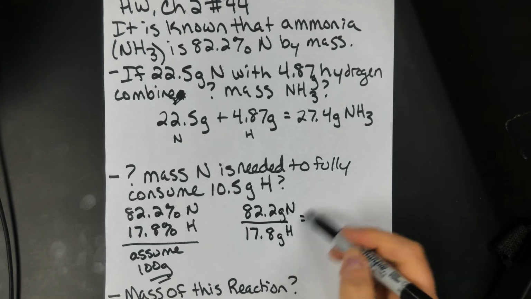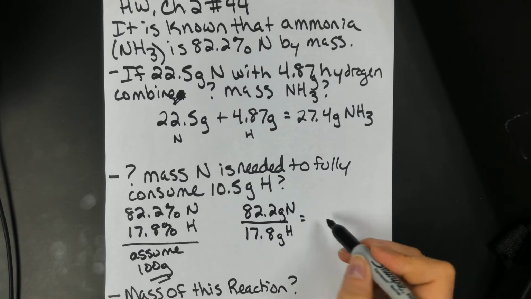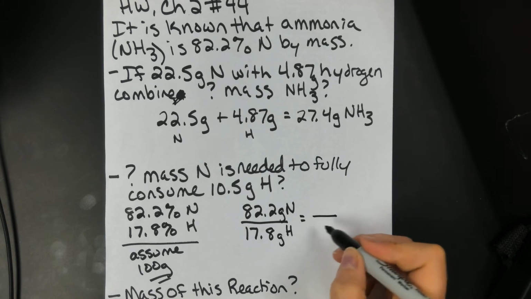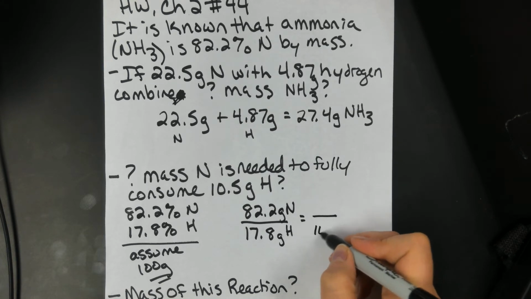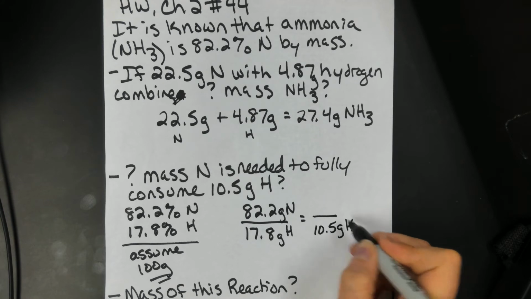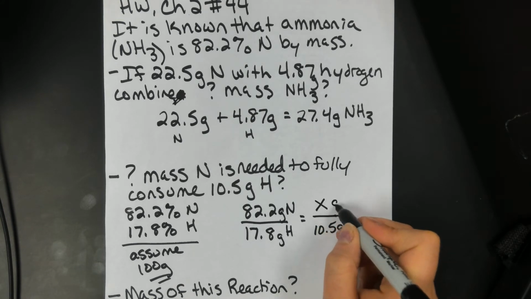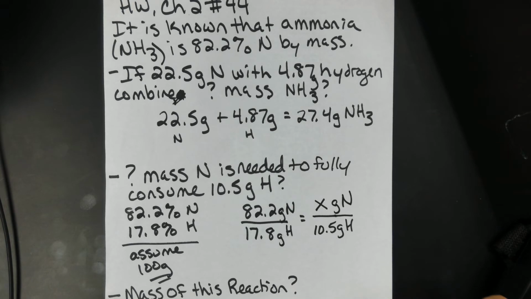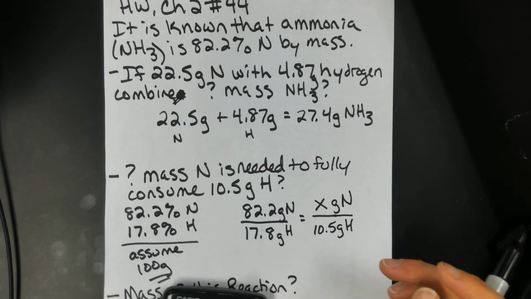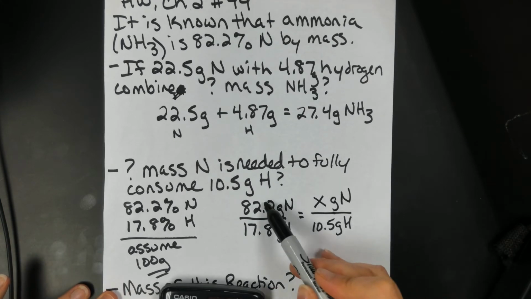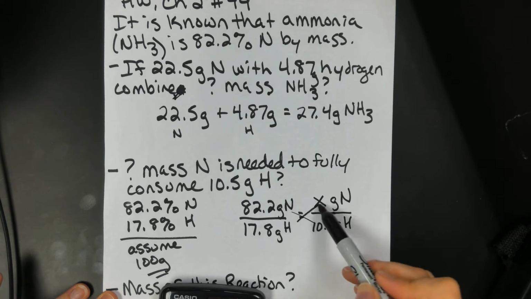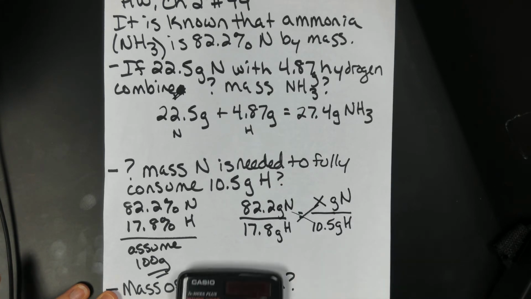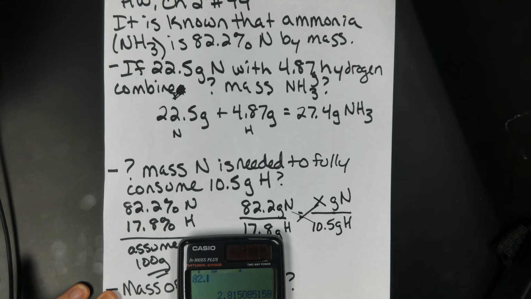Now, you guys know how to cross multiply, and we're pretty comfortable with that. So in this fraction over here, we're going to say I have 10.5 grams of hydrogen. I want to know how many grams of nitrogen. With me? So you cross multiply. It's going to be 82.2 times 10.5.